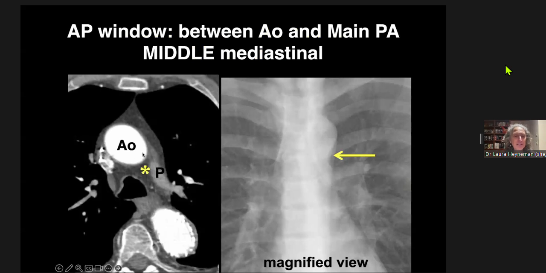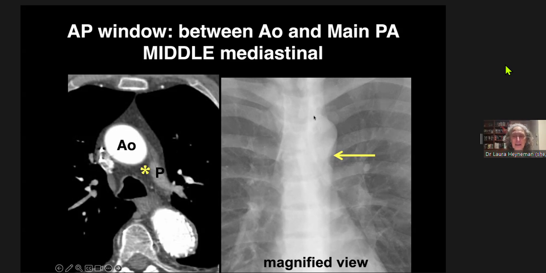So again, the AP window is the space under the bottom of the aorta and the top of the main PA, and it is considered part of the middle mediastinum. And on the frontal radiograph, there should not be any convexity in the AP window.